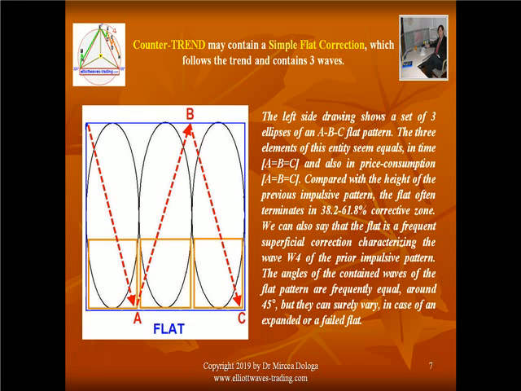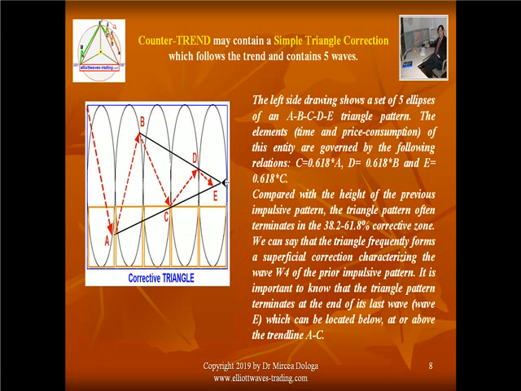We can also say that the flat is a frequent superficial correction characterizing the wave 4 of the prior impulsive pattern. The angles of the contained waves of the flat pattern are frequently equal, around 45 degrees, but they can surely vary in case of an expanded or a failed flat.